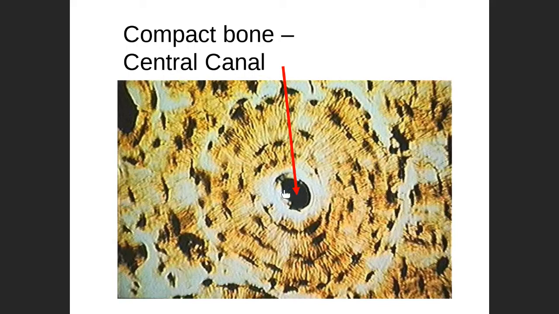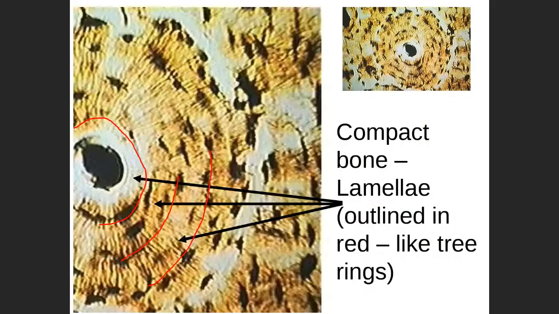And these ring-like structures that go around the central canal, which kind of look like a tree, are called lamellae. There are different types of lamellae, which we'll talk about when we get to chapter 7. But for right now, just know that these rings that go around the central canal are known as lamellae.